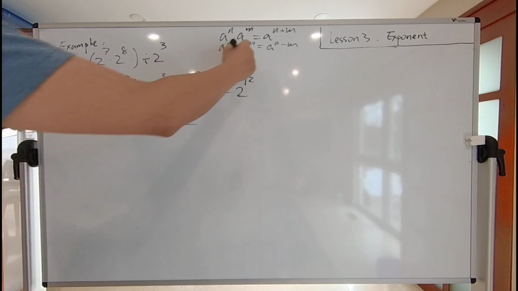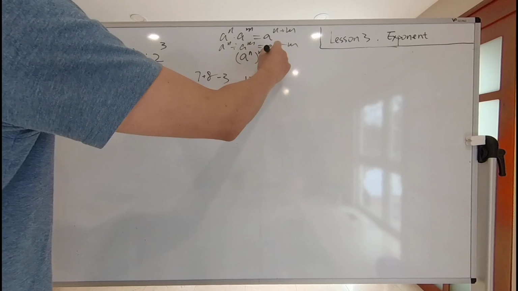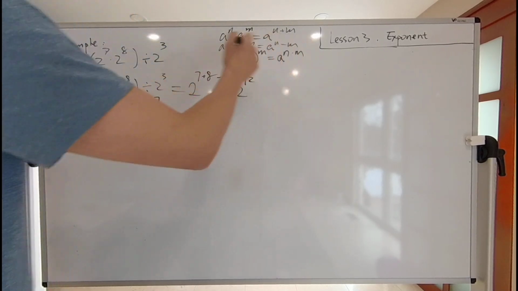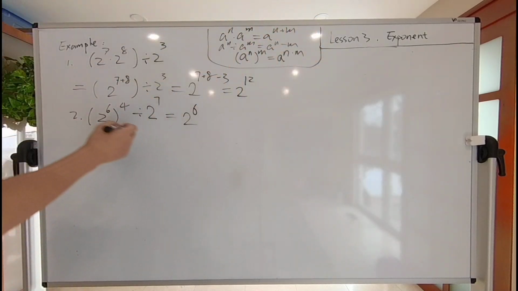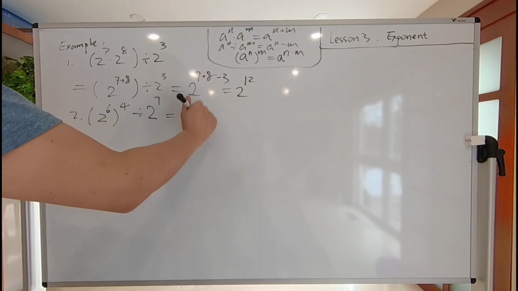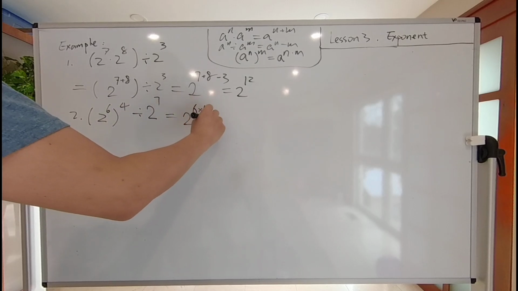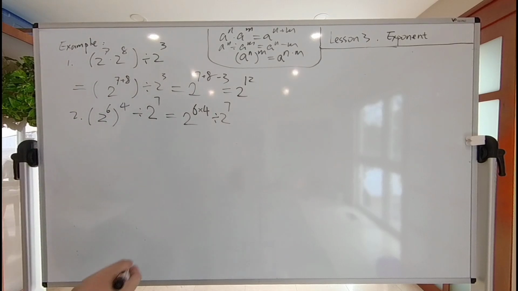Power of a power is multiplication of the powers. So it's 2 to the power of 6 times 4, divided by 2 to the 7th power.